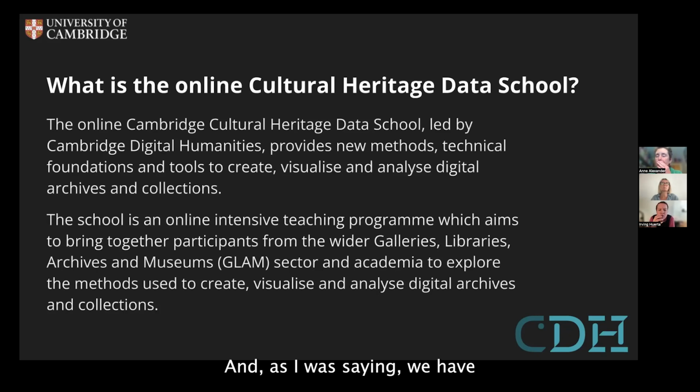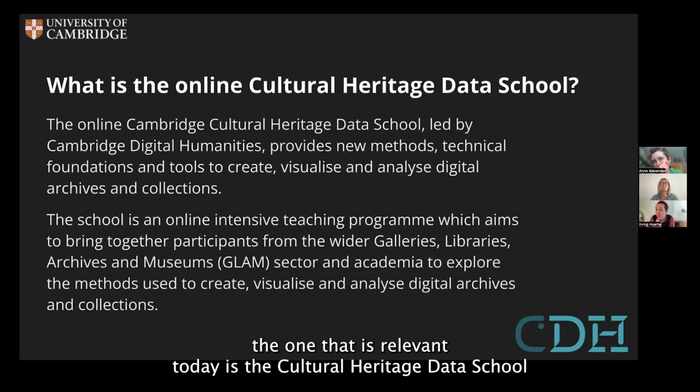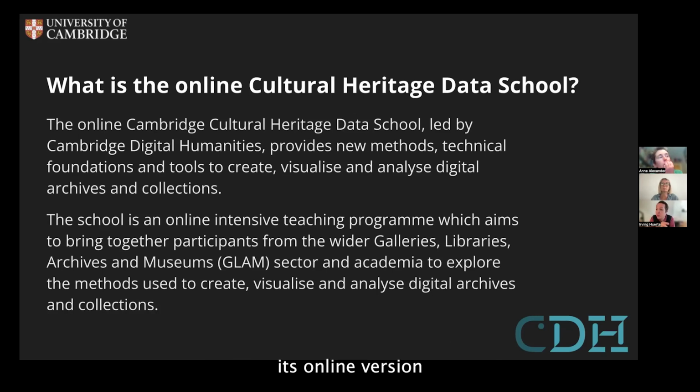So for the data schools, those are our objectives. And as I was saying, we have two types of data schools. The one that is relevant today is the Cultural Heritage Data School on its online version.